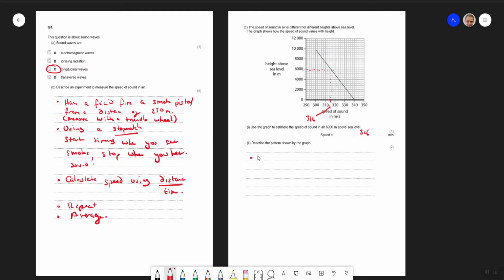It is a linear relationship because it's a straight line. And I'd say as height increases, the speed of sound decreases. That can also be said as a straight line.